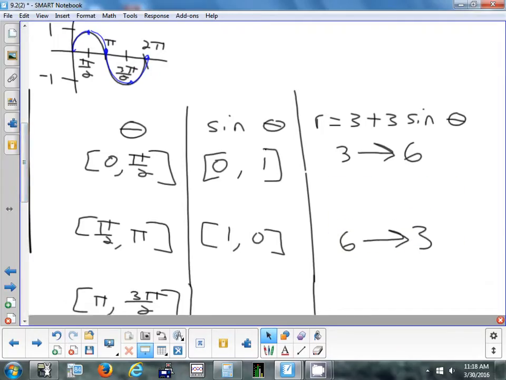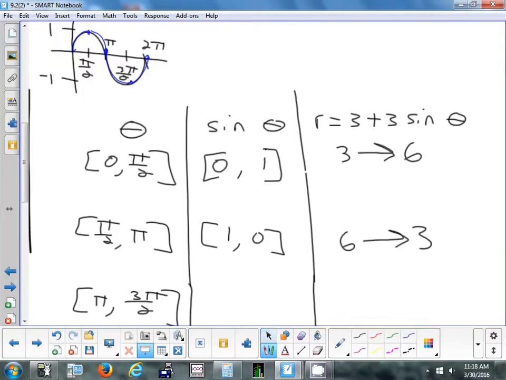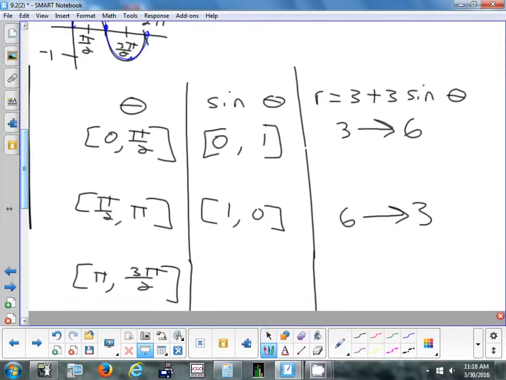All right, next section. What happens to my sine function from pi to 3 pi over 2? It goes from 0 to -1. Yeah, this goes from 0 till it hits its lowest value at -1. So my radius is going to go from 3 times 0 is 0, plus 3.